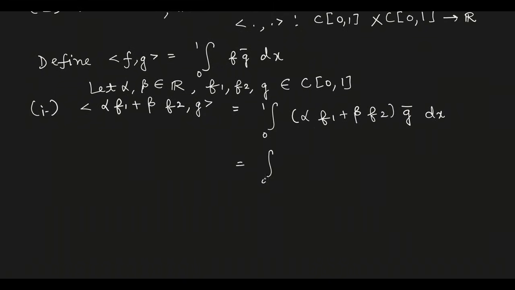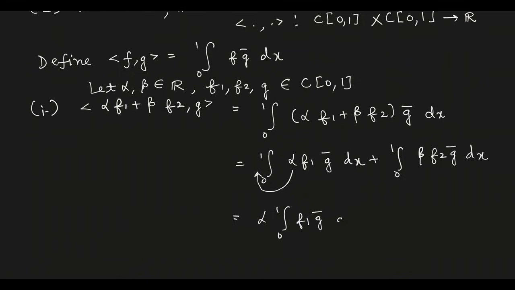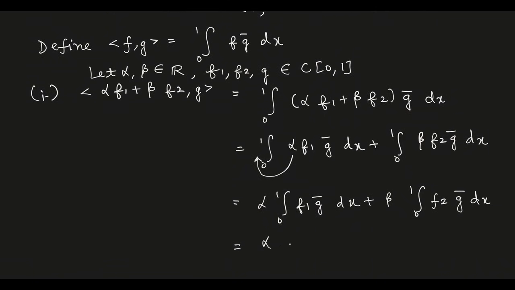Now this will be integration 0 to 1 alpha f1 g bar dx plus integration 0 to 1 beta f2 g conjugate dx. Now I can take the scalar outside the integration sign. Again apply the definition of the given inner product. It will be alpha inner product of f1 with g plus beta inner product of f2 with g. So first property is verified.